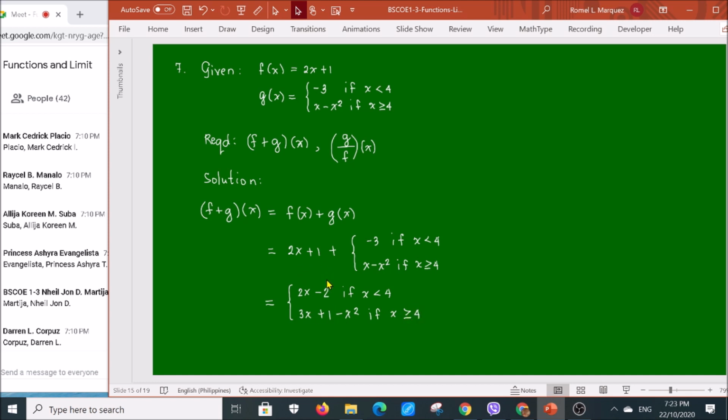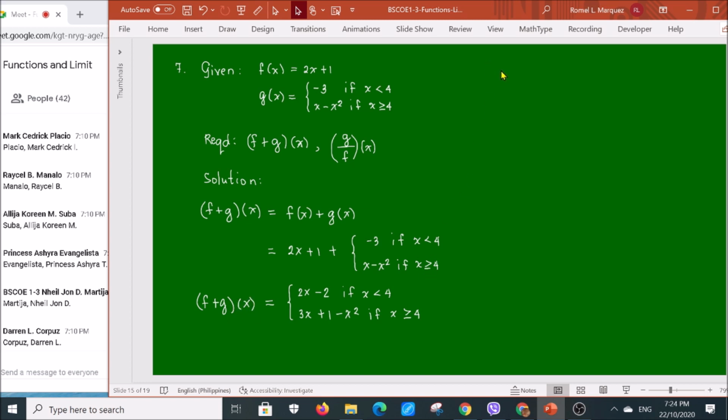So, again, 2x plus 1 plus x minus x squared is equal to 3x plus 1 minus x squared if x is greater than or equal to 4. Okay? So, I think this is already in simplest form. Nothing can be combined anymore. So, this is the sum. We call this f plus g of what? Of x.